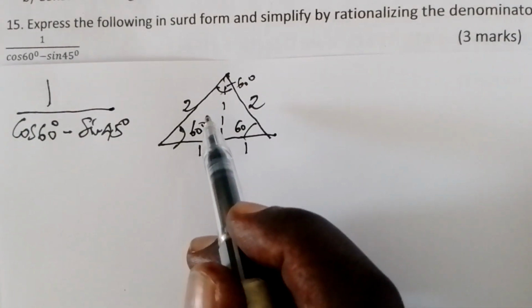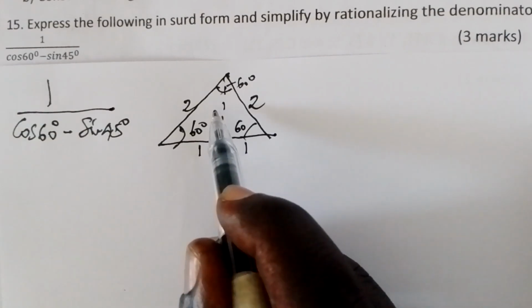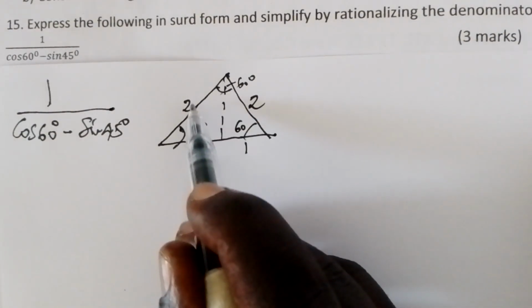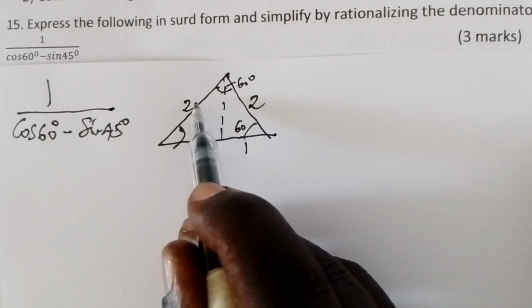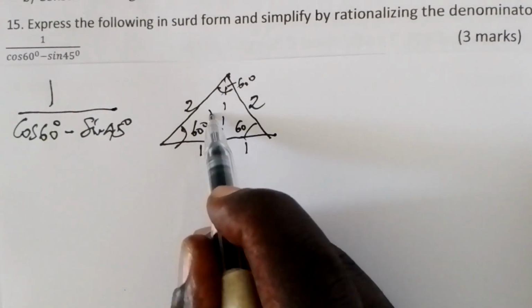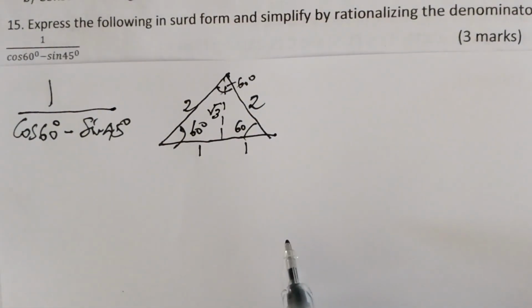the square root of 2 squared, which is 4, minus the square root of 1. So the height here is given by root 3.